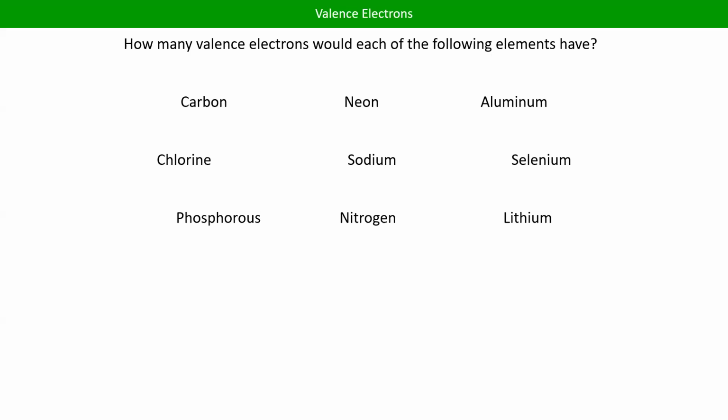Now, really, it's a little bit more complicated than that, because if we have one of those cases like chromium, where we had the irregularity, 4s1, 3d5, technically chromium only has 1 valence electron. It doesn't follow our usual rules, though. Our normal rules are count from left to right, and you just ignore the D block.